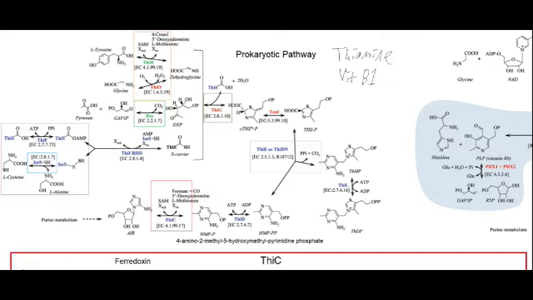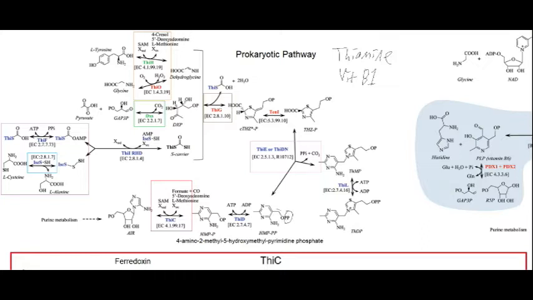phosphate. And the name can be a little confusing for that because it talks about this hydroxymethyl, and it doesn't look like there's a hydroxymethyl, but they are talking about it as if there is no pyrophosphate on it.